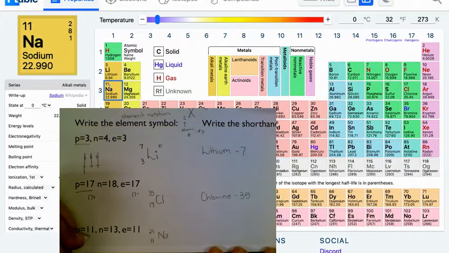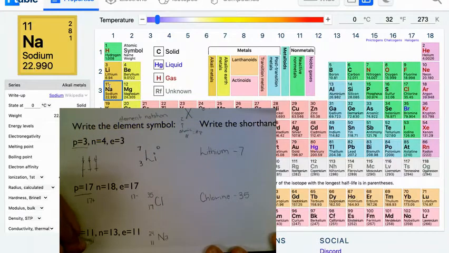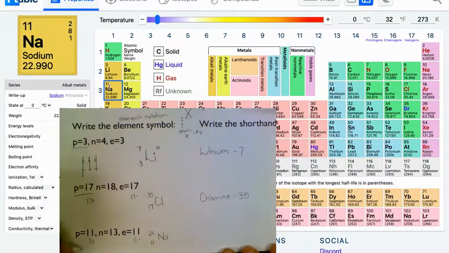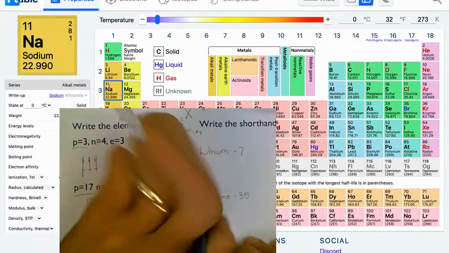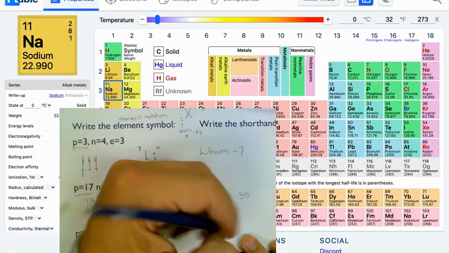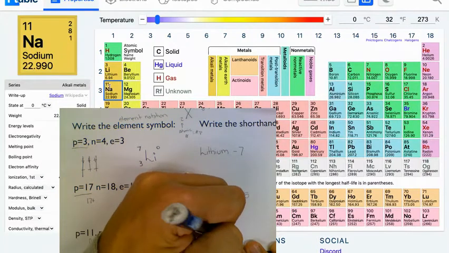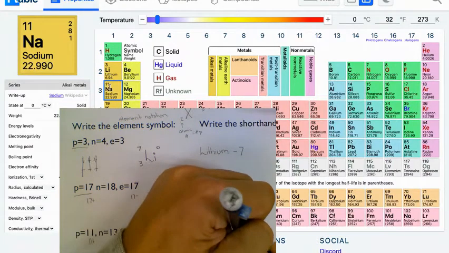And I have no charge because I have 11 positives and 11 negatives. So my shorthand symbol is going to be sodium 24.